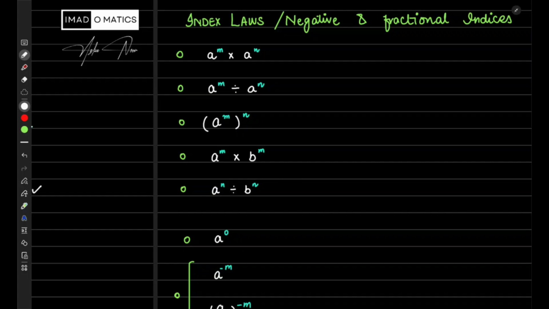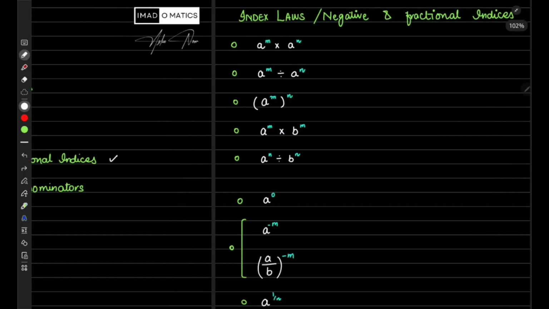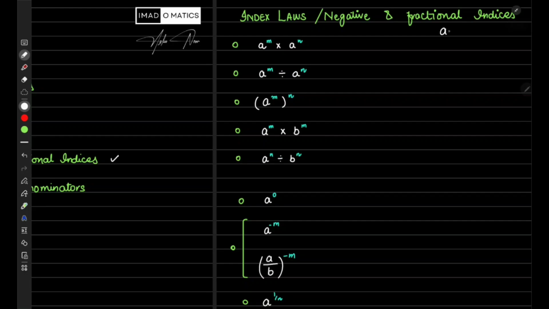Okay, I have mentioned some rules in front of you. Now let's see, if two numbers or two variables are multiplied and they have some different powers, m and n represent different powers. So if you have the same base, first I'll write here a represents your base.